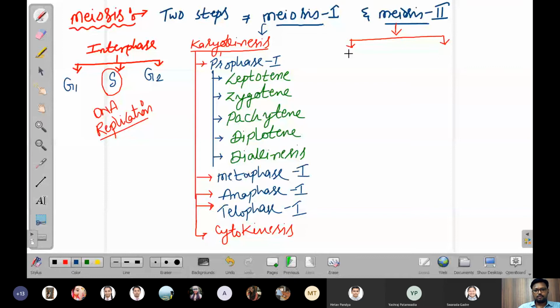Only 2 steps. What is the difference between meiosis 1 and meiosis 2 with respect to interphase? The S phase is present in meiosis 1, and in meiosis 2 the S phase is not present. Why is it like that?